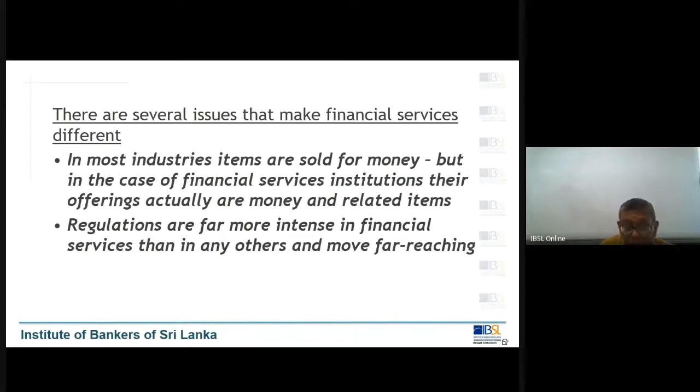But remember, the regulations are far more intense in financial services than in any other businesses. Now, who regulates the banks in Sri Lanka? Can anybody unmute and tell me who is the operating body? Central Bank of Sri Lanka. Very good, fantastic. I like the way you are involving yourselves in the discussions. Good.